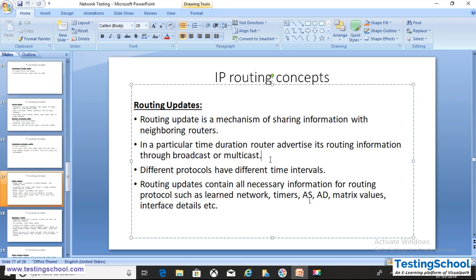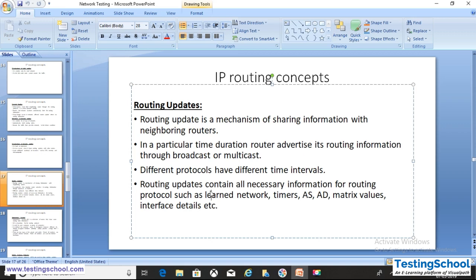So it can be learned network, timers, autonomous system and interface details. All such things are needed to build a routing table, and all this information will be available in the routing updates.